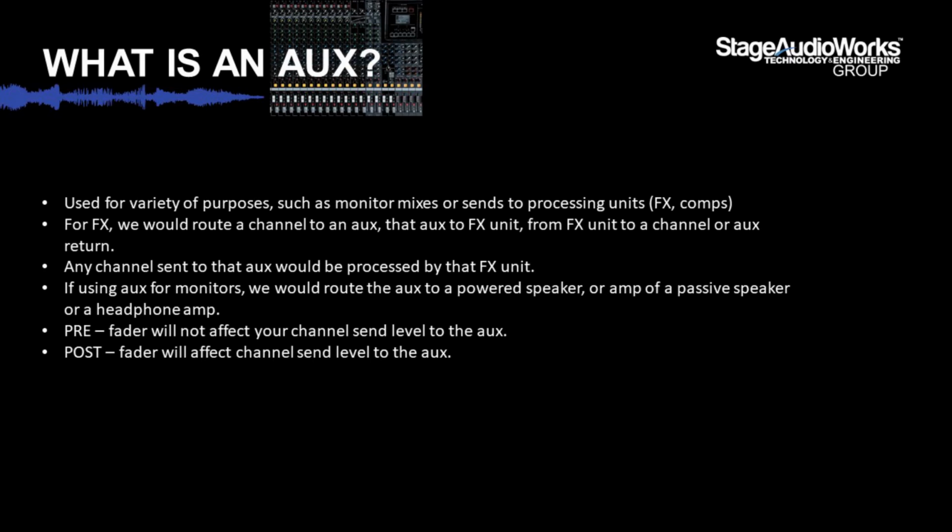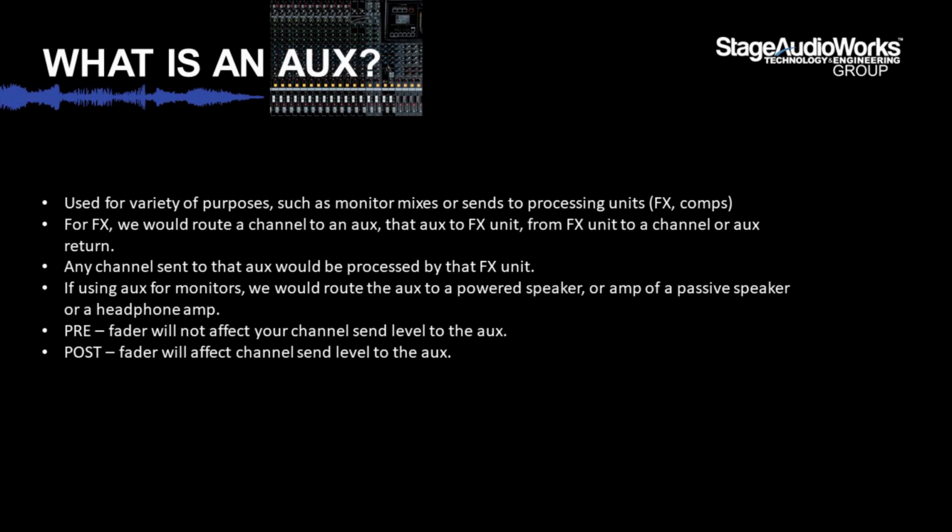So say we're using an aux for an effect. The typical routing would be from your aux to the effects unit and from the effects unit to a channel, which will act as the return. So in a different way to how we spoke about the insert on the analog desk, where that effect unit would only be affecting that single channel.